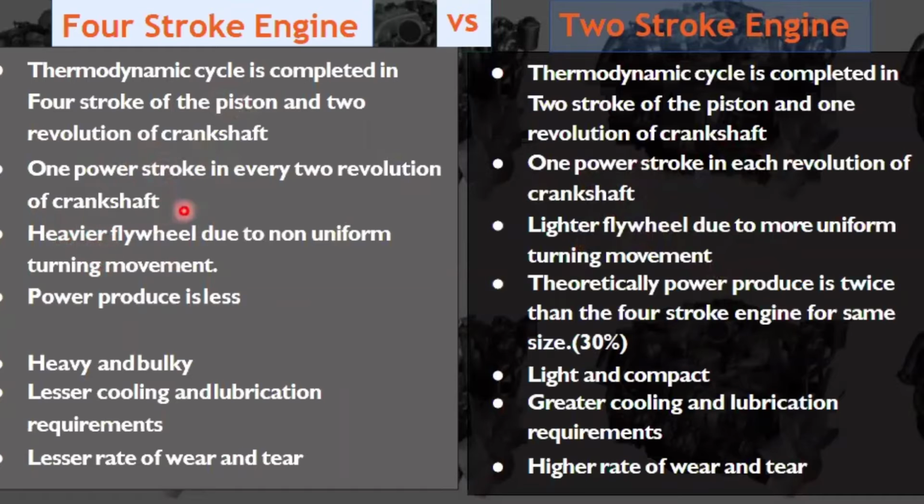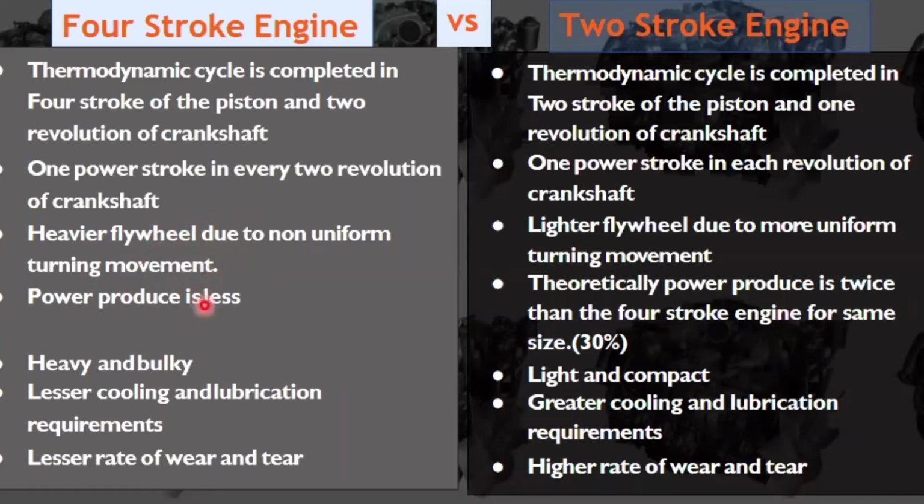For four-stroke engines, there is a heavier flywheel due to non-uniform turning movement. Whatever the combustion products are, they move the crankshaft at higher speeds, so we need a heavier flywheel to store all the energy. Depending upon the speed of the engine, we need to accumulate that.